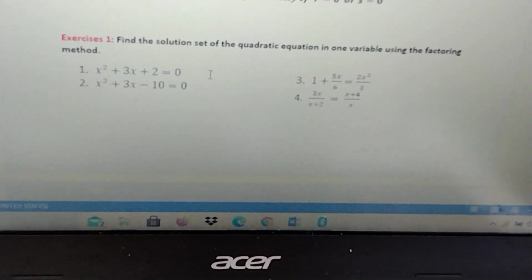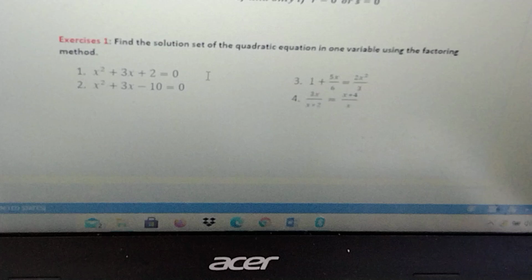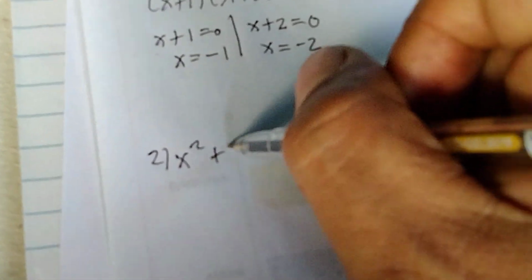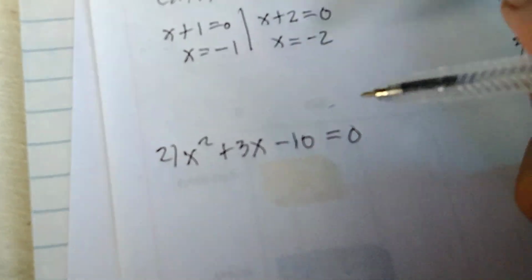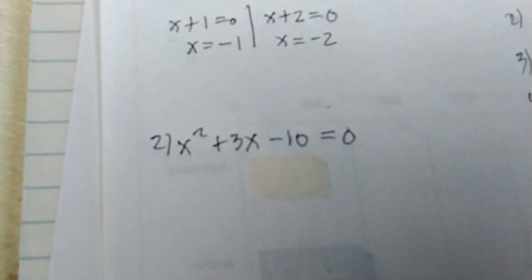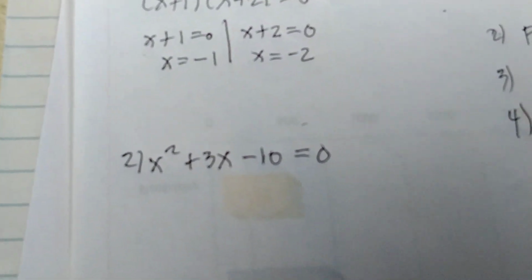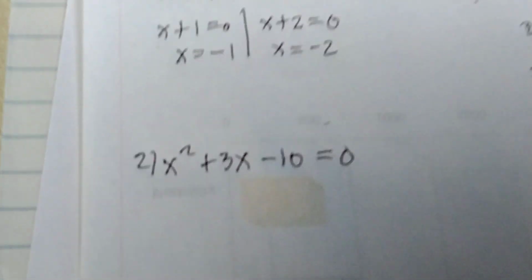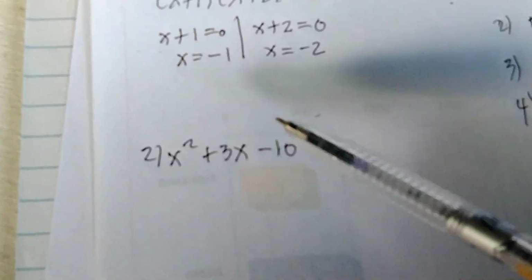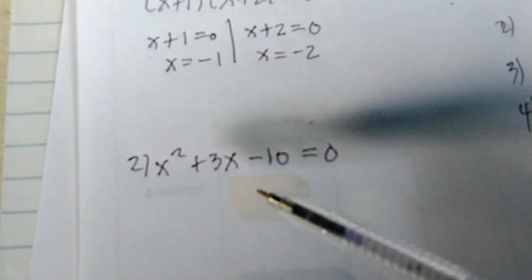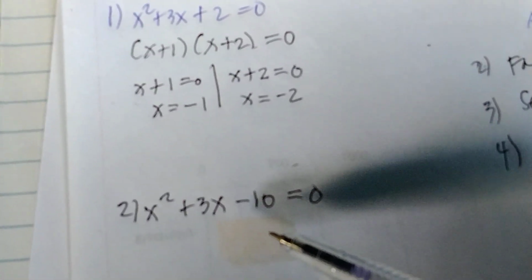Example number 2, x squared plus 3x minus 10 is equal to 0. So again, this is already in standard form. What you're going to do is directly factor the left side of the equation. Look at the last term, negative 10.